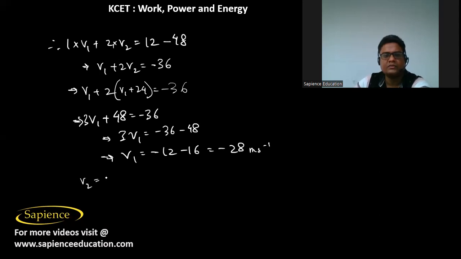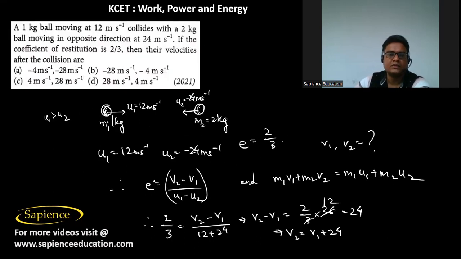And so v2 will be equal to v1 plus 24, that is minus 28 plus 24, that is equal to minus 4 meter per second. So therefore option B is the correct answer. Since here it is asked the velocity, we have to write its magnitude with the sign. So the sign is negative.